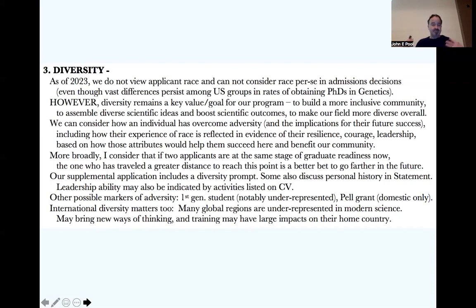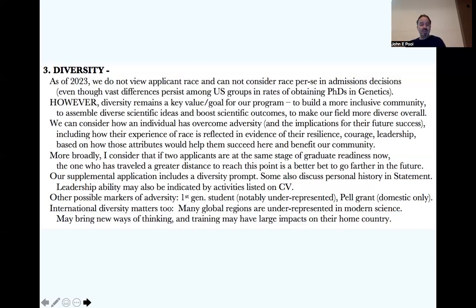Well, I mentioned we do have a diversity prompt in our supplemental application. Individuals may discuss relevant issues there, or their own perspectives and priorities. We might also see this in their personal statement itself, or elsewhere. We might see it in their recommendation letters or in things they mention on their CV.